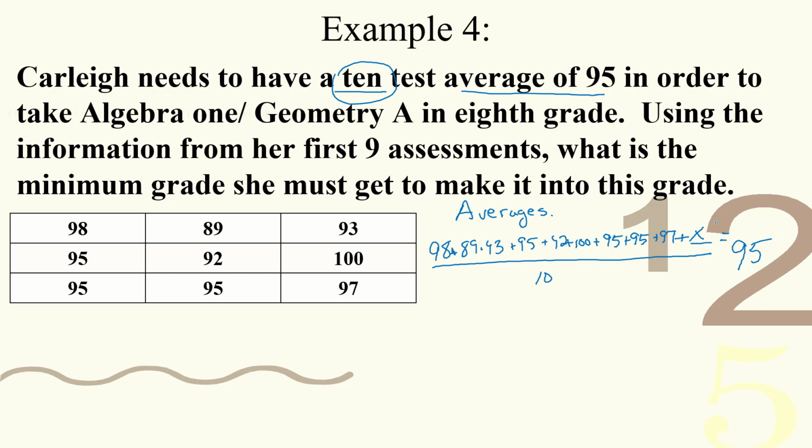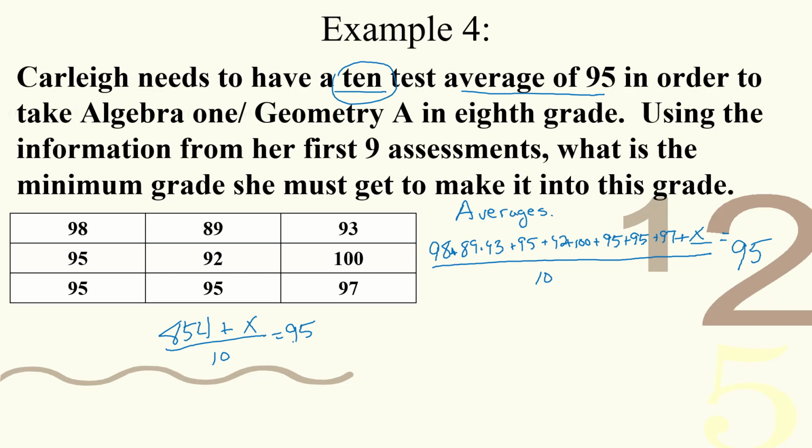So let's add these numbers together. 98 plus 89 plus 93 plus 95 plus 92 plus 100 plus 95 plus 95 plus 97. That gives me 854, plus my 10th test, which was x, divided by 10 equals 95. Well, for a lot of you, this should look like a two-step equation now.